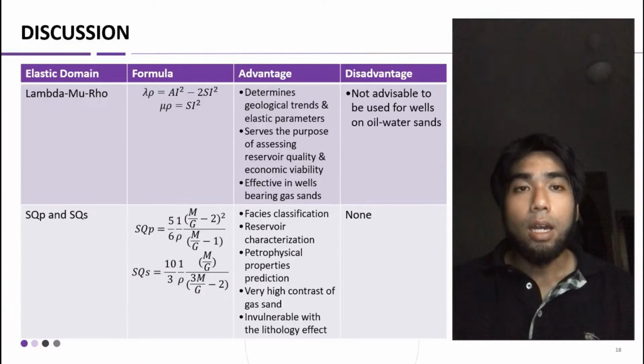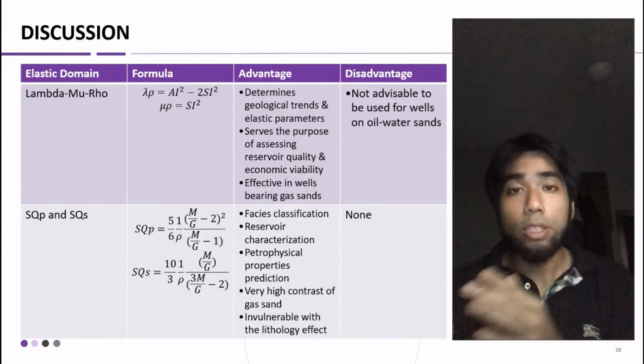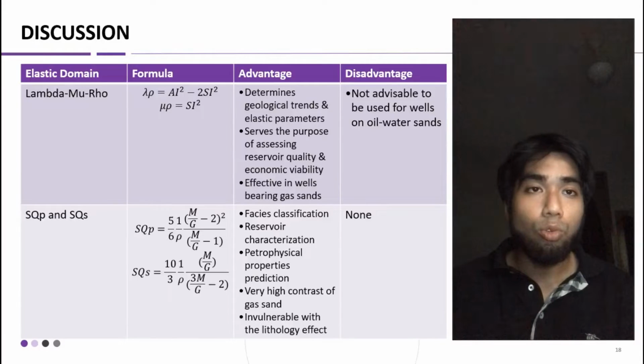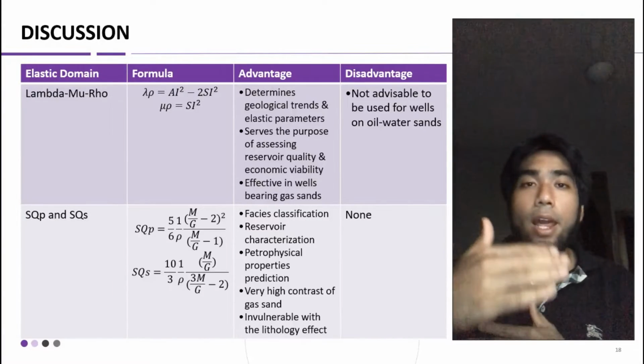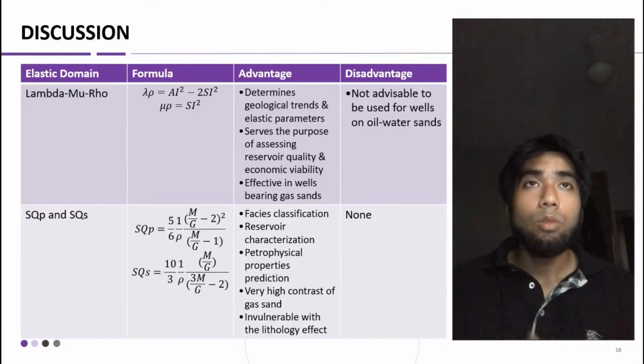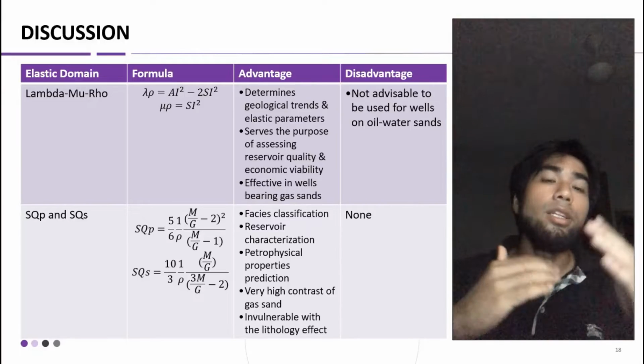However, it is not advisable to be used for wells that bear oil sand and water sands. This is because the seismic readings tend to be overlapped. Due to this, the interpreter will have some difficulty to distinguish the lithofluid boundaries.